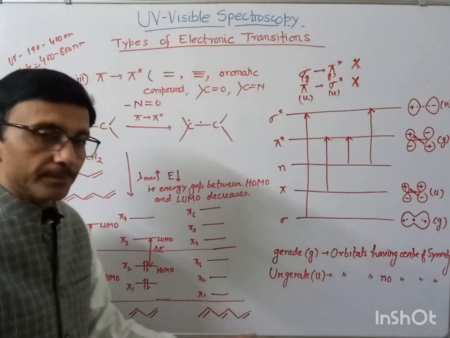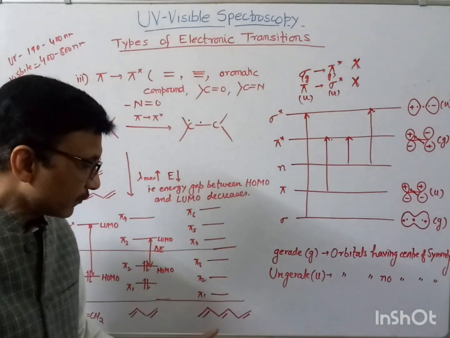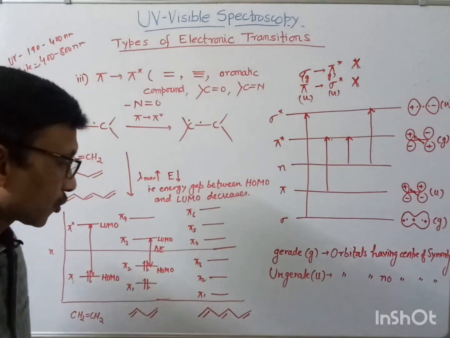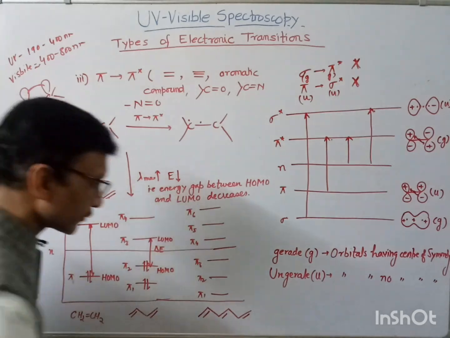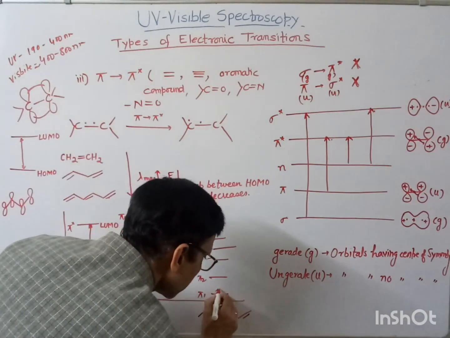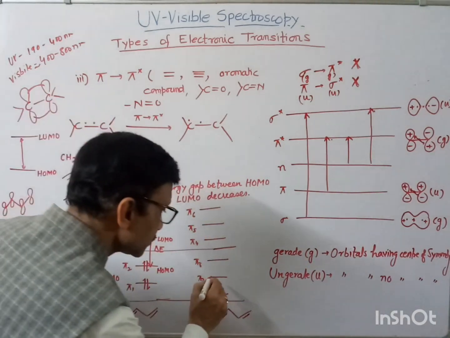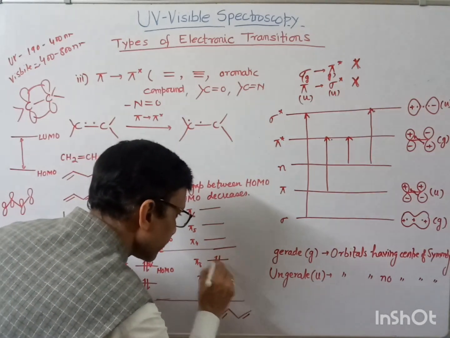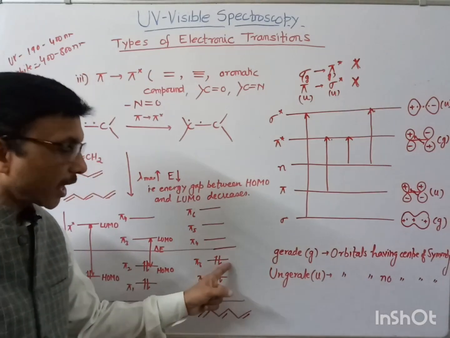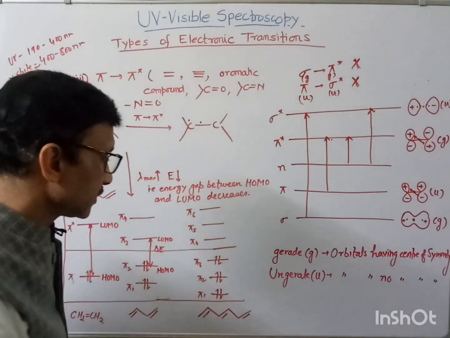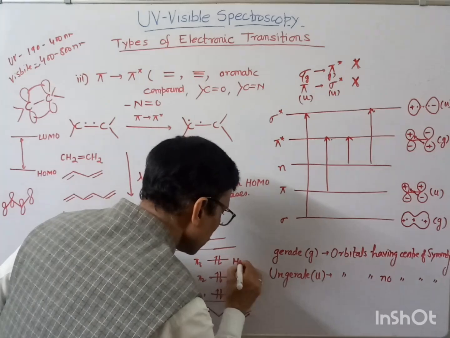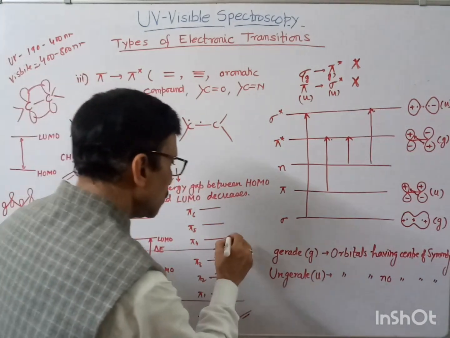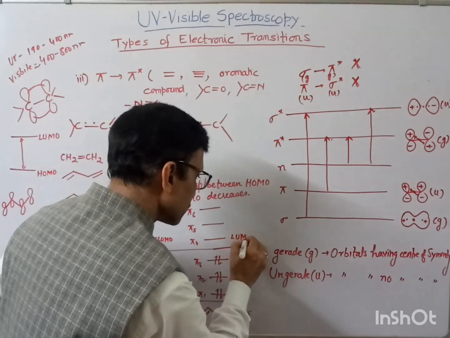And how many pi electrons are involved over here? These are 6 pi electrons. Now I can fill the molecular orbitals with these 6 pi electrons: 2 pi electrons in the lowest molecular orbital, next 2 in pi 2, and next in pi 3. Pi 3 is the highest occupied molecular orbital, whereas pi 4 is the lowest unoccupied molecular orbital.